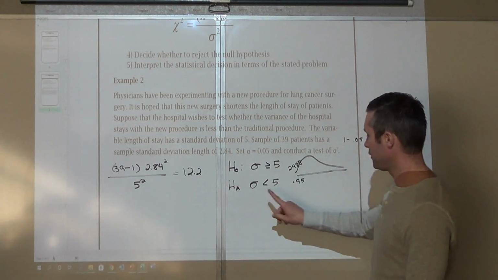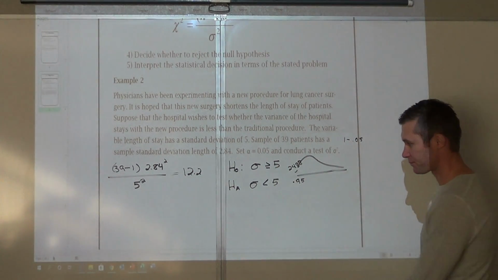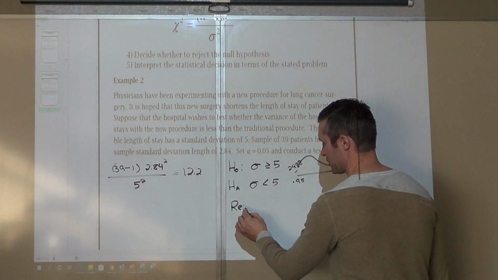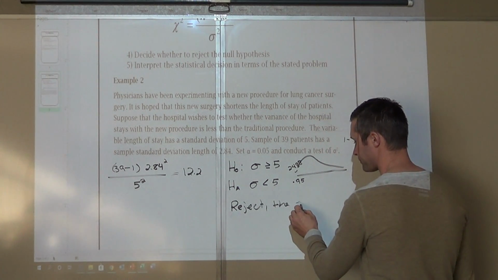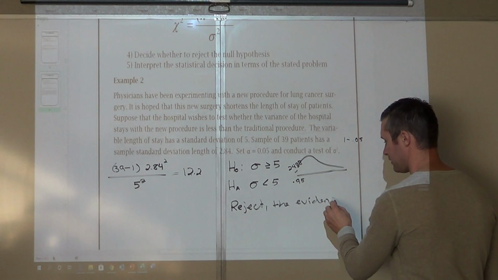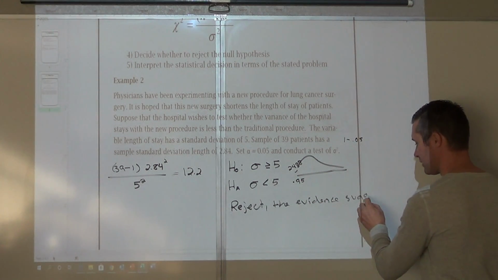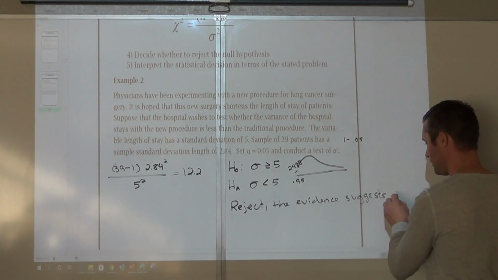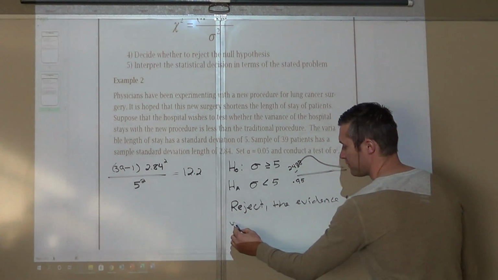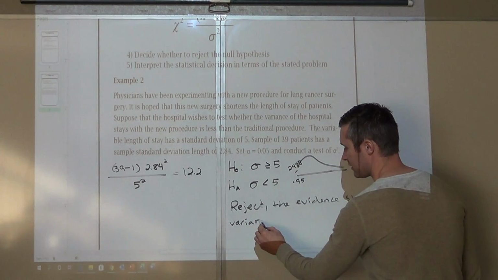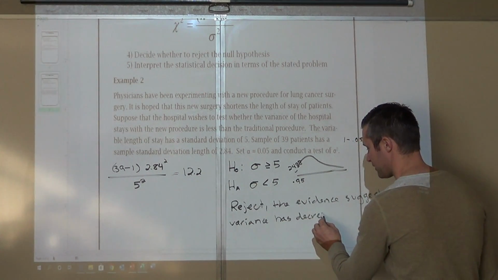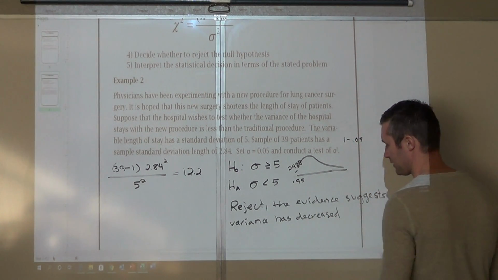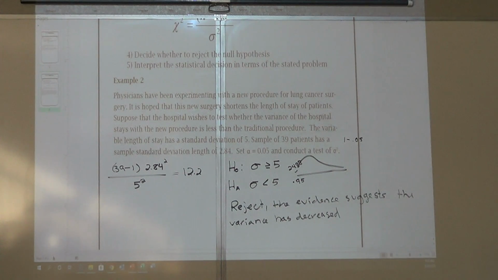Is that value less than that value? Yes, so we reject. So we'd say the evidence suggests the variance has decreased from our population.